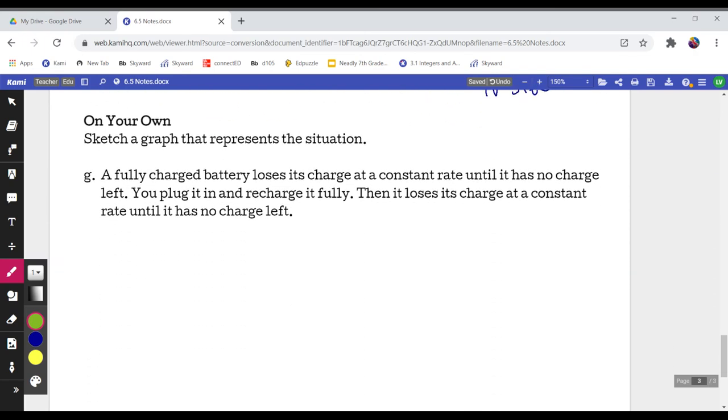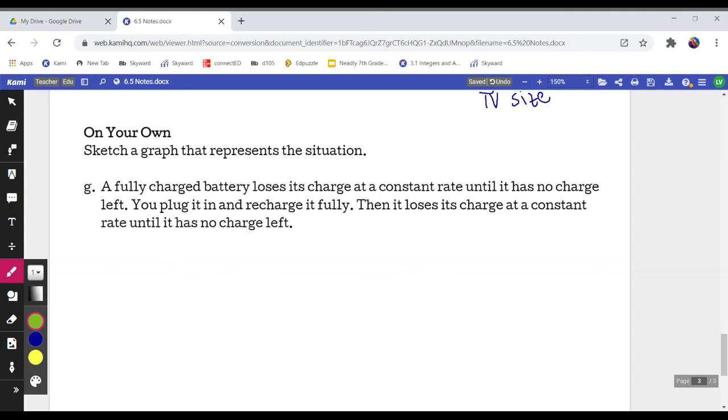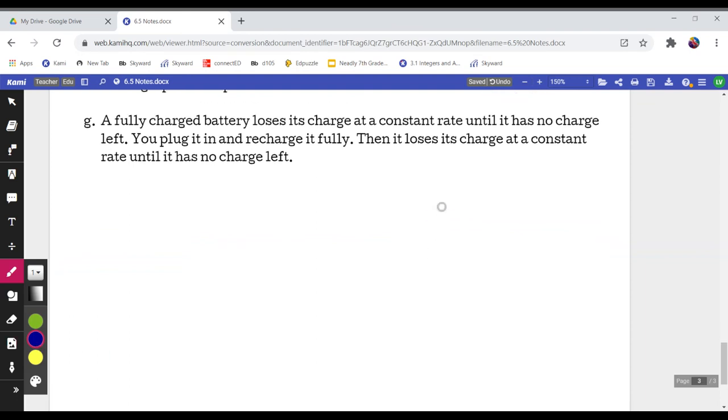Letter G. A fully charged battery loses its charge at a constant rate until it has no charge left. You plug it in and recharge it fully. Then it loses its charge at a constant rate until it has no charge left. All right, so first step is to draw our axes. Then to label.